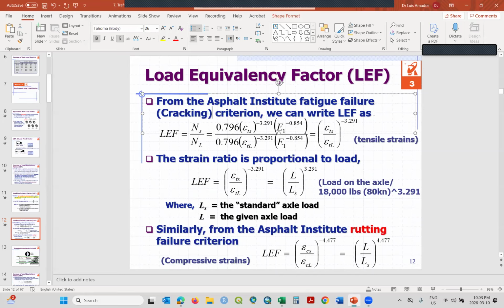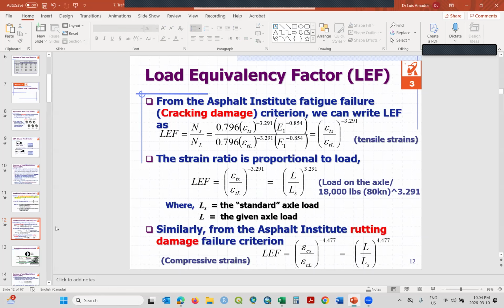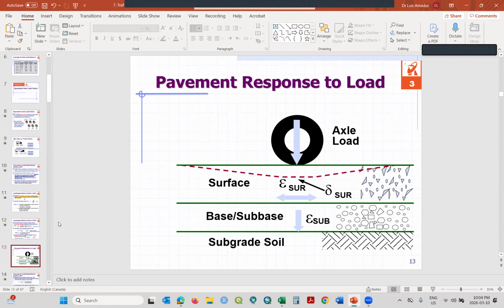So there are actually two types of damage that you can experience. Cracking damage and rutting damage, okay? And when you look at that type of damage, your cracking is happening because the load of your tire is pushing the pavement down, and then you are suffering this tensile stress at the bottom of your surface, which is your hot mix asphalt surface.